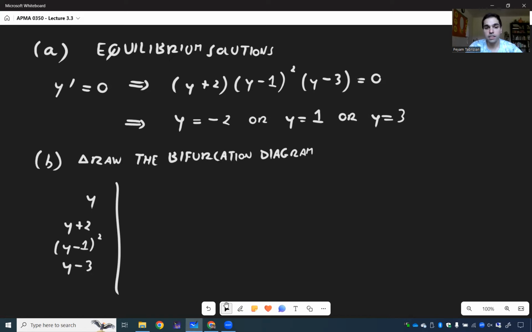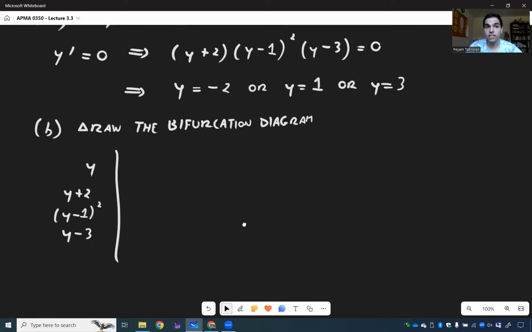And then the derivative, which in this case is a product of all three things, by the differential equation and a function. That's one thing. And then minus infinity, all the equilibrium solutions. So minus 2, 1, 3, and infinity.